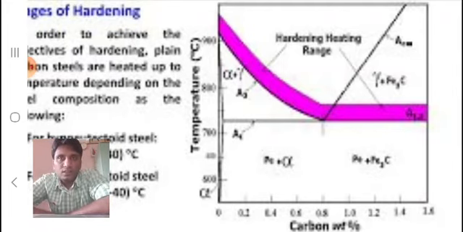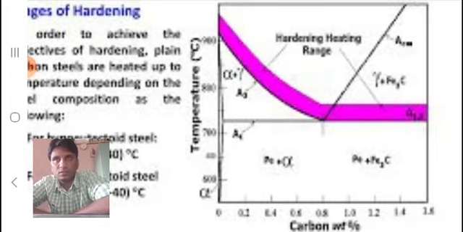It is directly quenched to a temperature of 300 degrees centigrade and it is allowed to transform the austenite into bainite, and then it is slowly cooled or air cooled to room temperature.